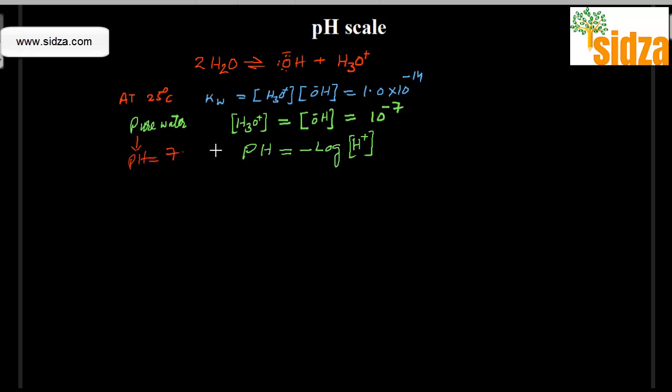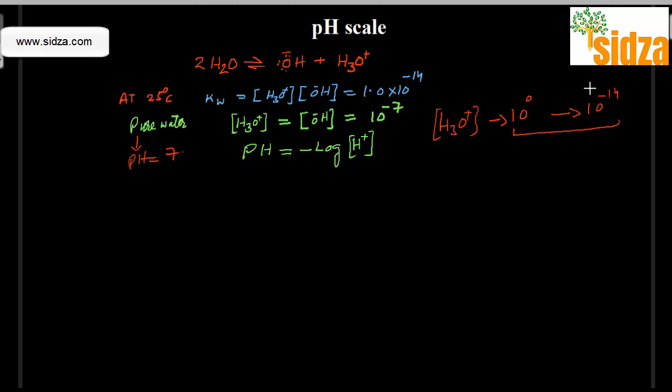And the most common solutions that we can practically prepare have an H3O positive ion concentration, or you can say hydroxyl ion concentration, ranging from 10 to the power 0, which is a very highly concentrated solution, down to 10 to the power negative 14, right? This is the concentration range that we can practically prepare.